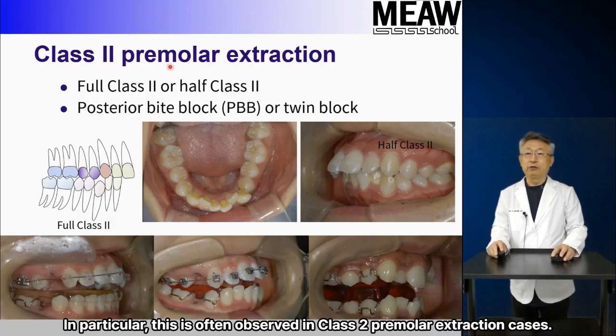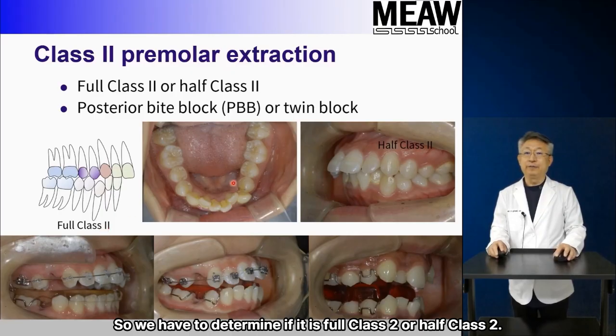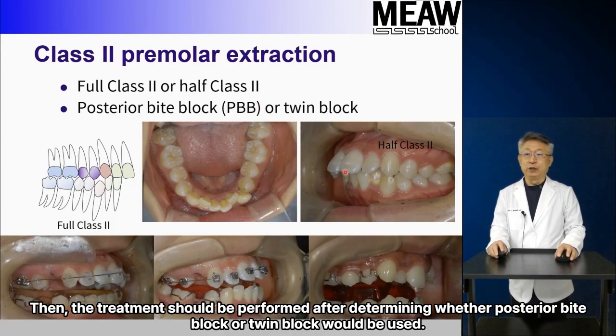In particular, this is often observed in Class 2 premolar extraction cases. So we have to determine if it is full Class 2 or half Class 2. Then, the treatment should be performed after determining whether posterior bite block or twin block would be used.